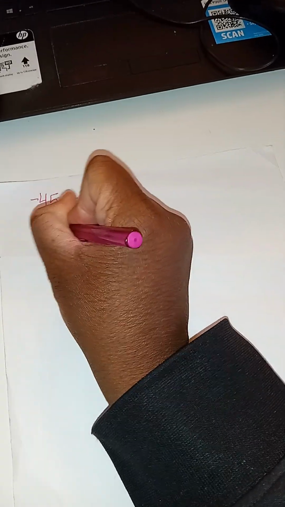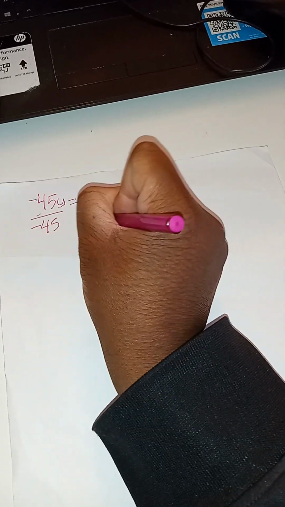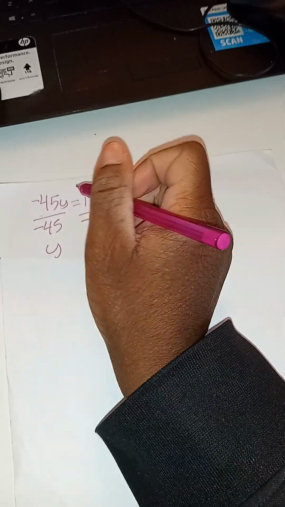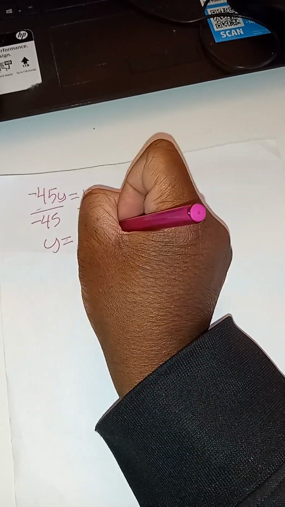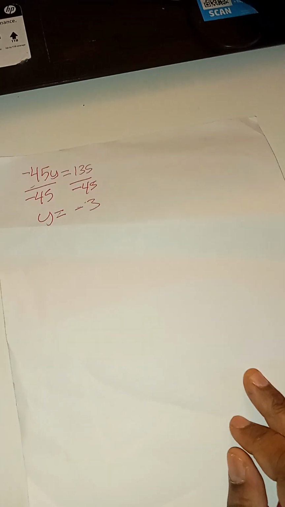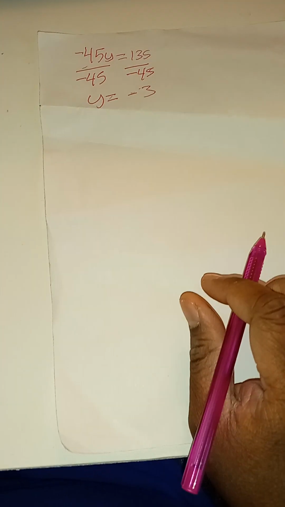So we divide both sides by negative 45, and then we will obtain y is equal to negative 3. Now we need to go back to the equation at the very beginning that we started with, because now we know what the y value is equal to.